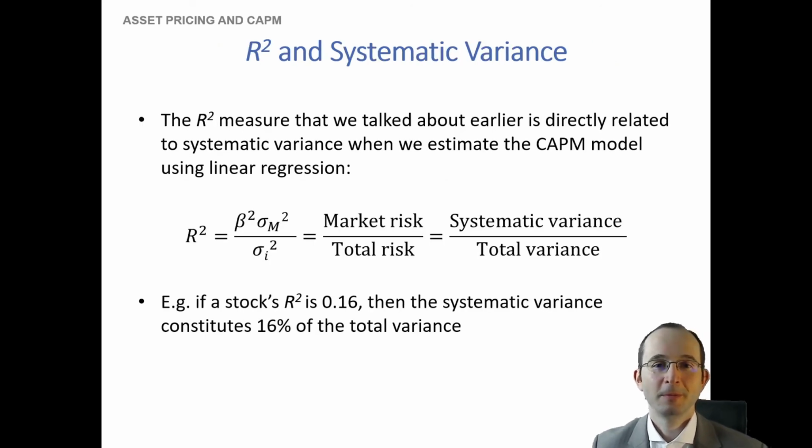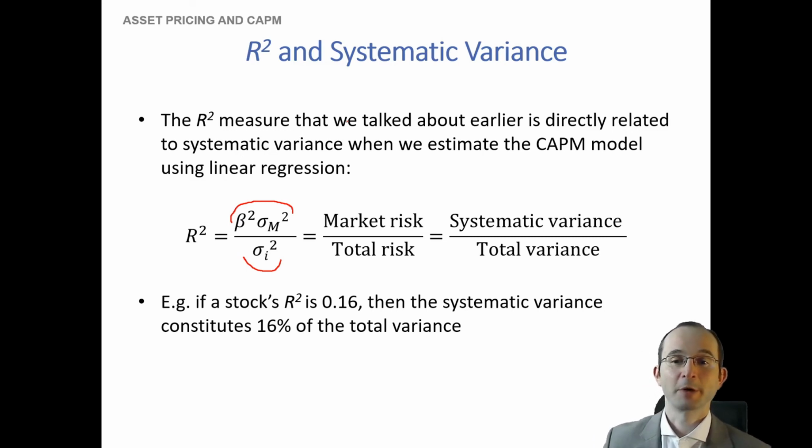Now, another interesting property from regression is that this ratio of total risk, as represented by the variance of the returns of the individual asset, and systematic risk, or market risk, as represented by beta squared times the variance of the market, is actually captured by that R squared statistic that we saw from regression output in the single index model discussion.